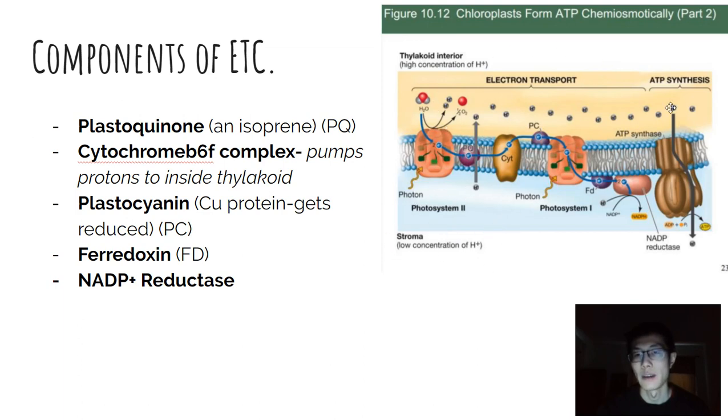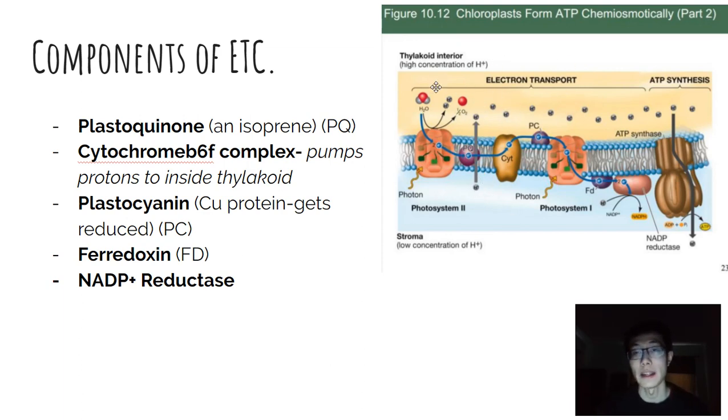So we have this gradient that's basically maintained, and by stripping water of hydrogen ions, we release oxygen, but some of those hydrogen ions get pushed into the thylakoid interior. And we also have hydrogen ion transfer in this particular section over here. And I think this is actually supposed to be over here. I think that they made a mistake with this particular chart. But either way, we have hydrogen ions that are going to be pumped through as well.